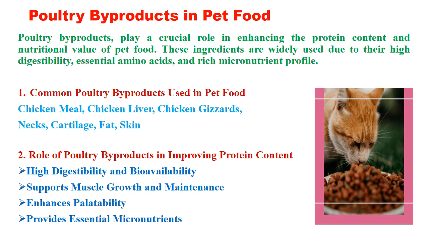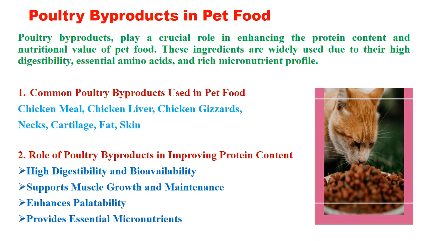So poultry byproducts can also be used in pet food, and can play a crucial role in enhancing the protein content and nutritional value of pet food. These ingredients are widely used due to their high digestibility, essential amino acids, and richness in micronutrients. These aspects we have discussed in the nutritional requirements for pet foods.